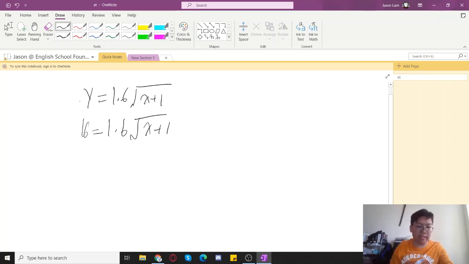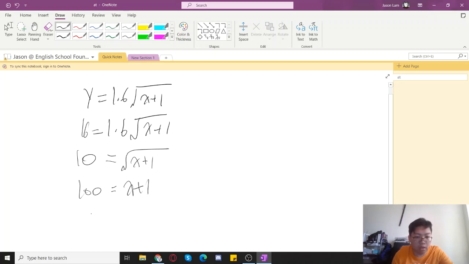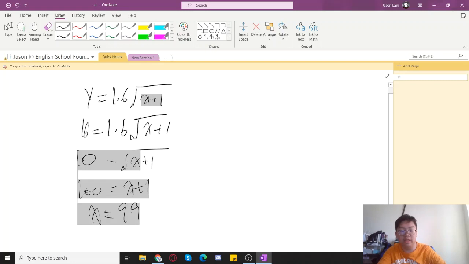We don't know what that is, so we're going to find out now. Let's do this quickly. So that's going to be 10. You can try this out, but I'm telling you now, 10 is equal to root x plus 1. So square that: 100 is equal to x plus 1. X equals 99.